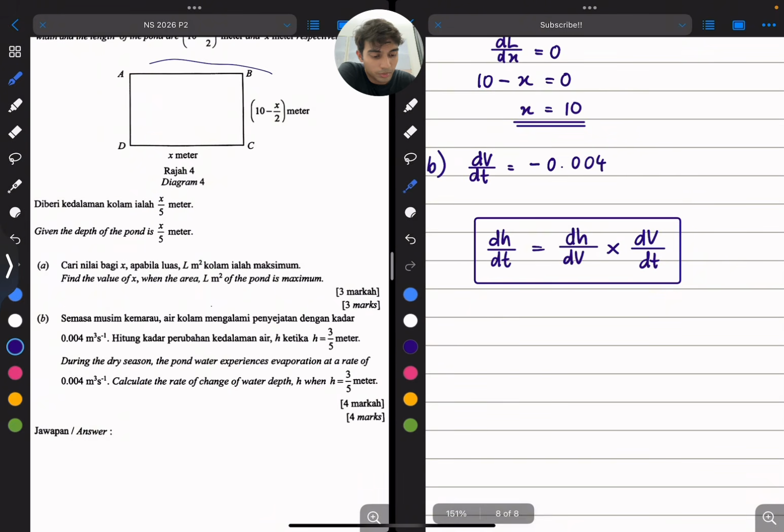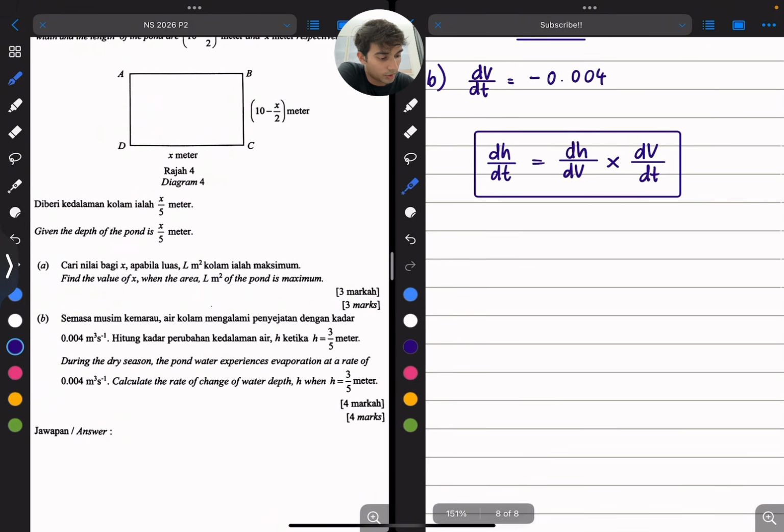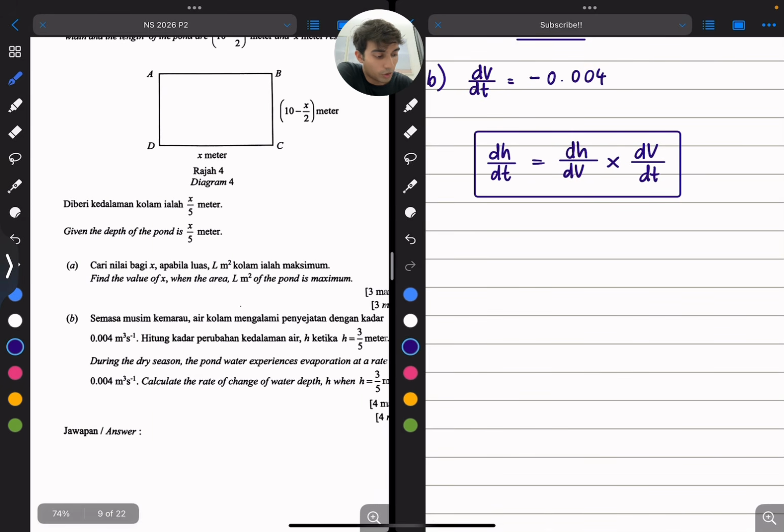So volume of this we need in terms of h. So volume, this is a cuboid, so let's find the volume first. Volume is base times height times width or length. So base is x, height is 10 minus x over 2. L is, we can call it the depth will be x over 5.